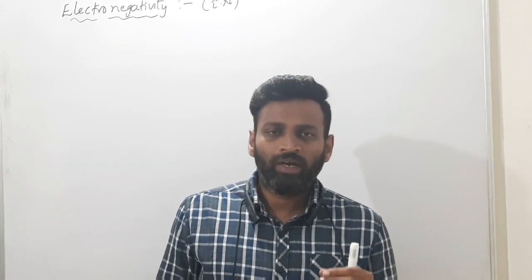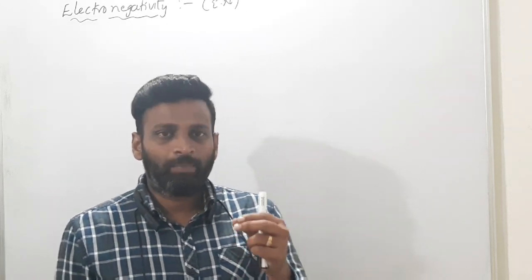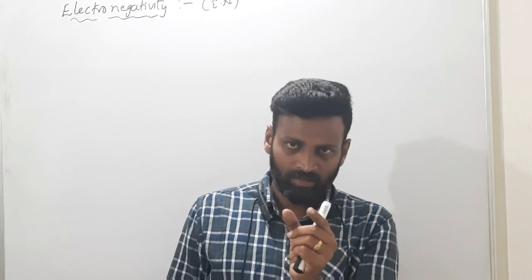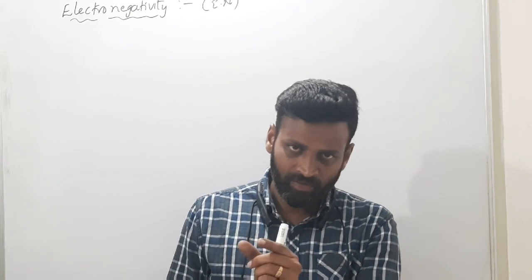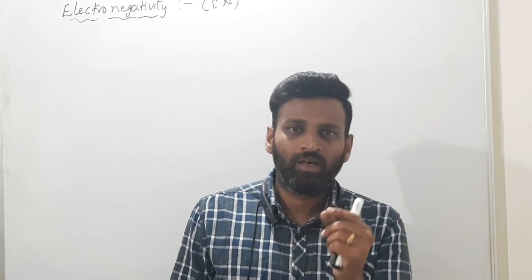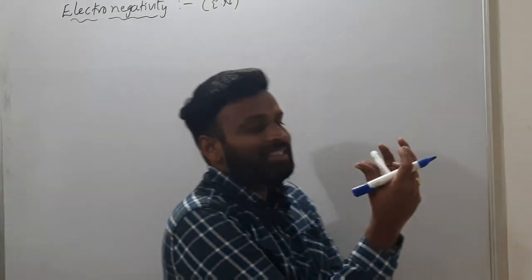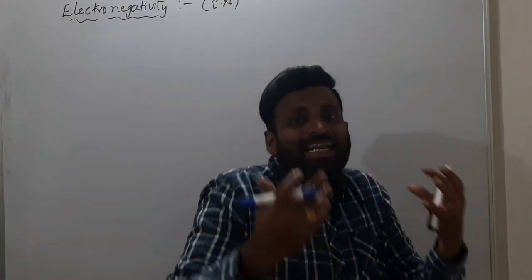For every atom we have a particular electronegativity number, which we will discuss with a simple trick. But first of all, electronegativity has no units because it is just an attracting character.